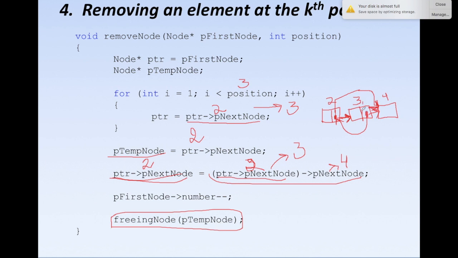And now 3 is totally removed, and this will become 3, and the number of nodes is updated in this one, number minus minus, which is the number part of the first node, which is the number of elements in the linked list.